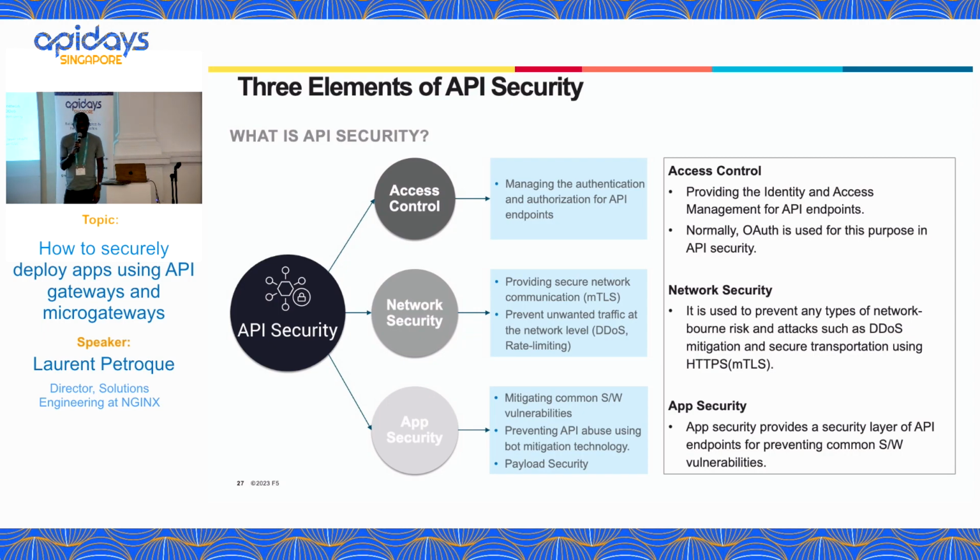We've been discussing with a lot of analysts and security experts to find out that API security comprises a lot of aspects. The network security, the access control, and the application security are really interconnected aspects of the entire API security picture.